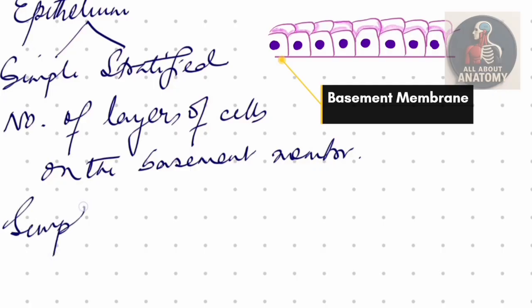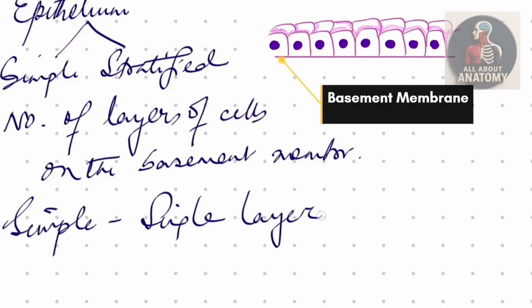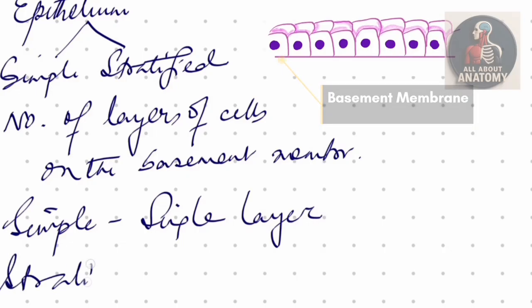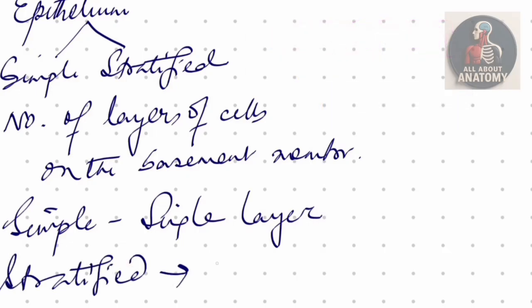In simple, there is a single layer of cell. And for stratified, it is multiple. That is just more than one or many.